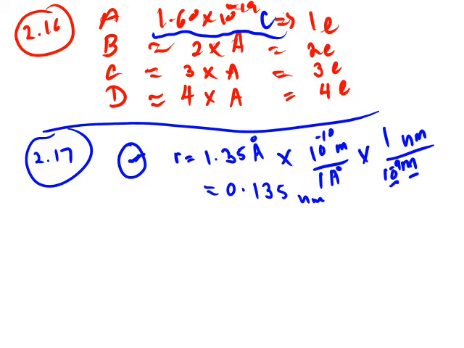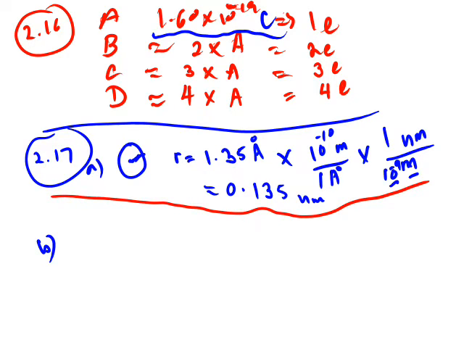Okay, now in part B, they're asking how many gold atoms would have to be lined up to span 1.0 millimeter. So what they're saying is I have a distance of say 1.0 millimeter.